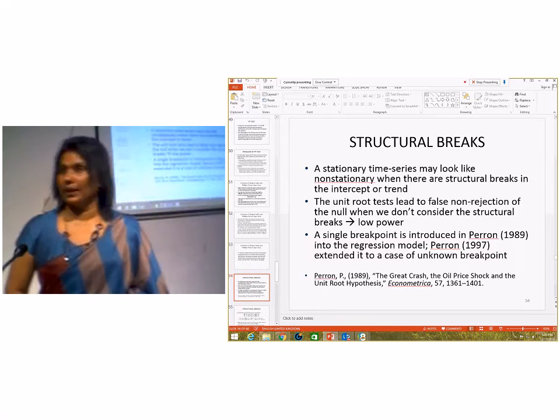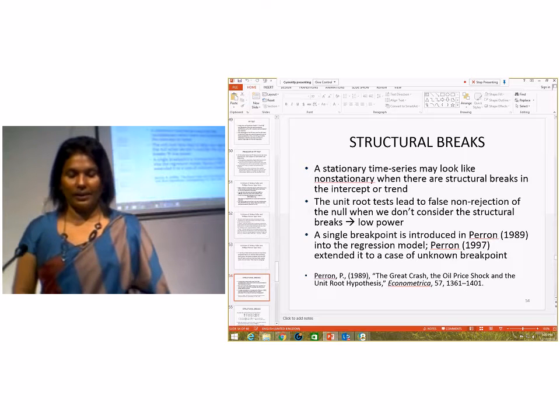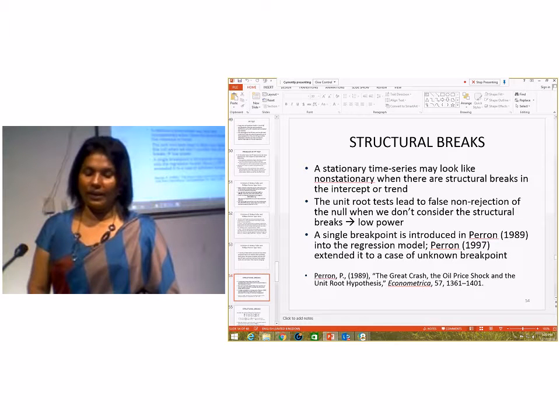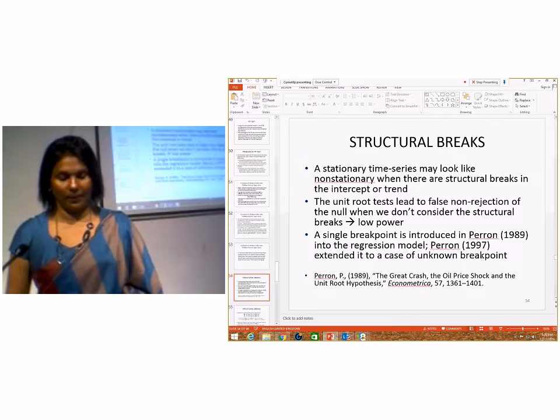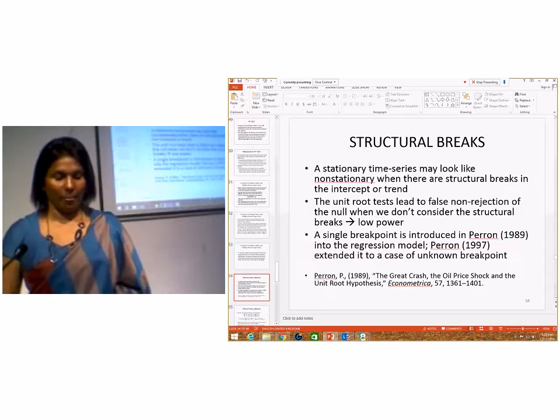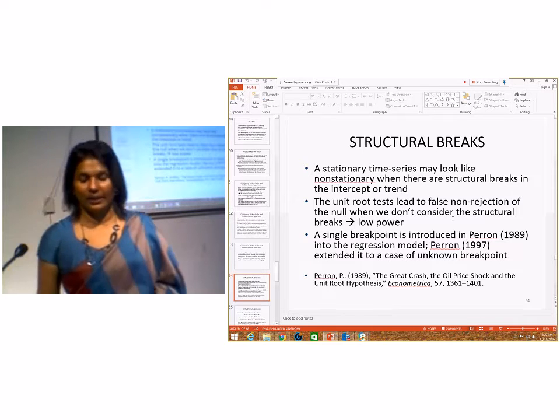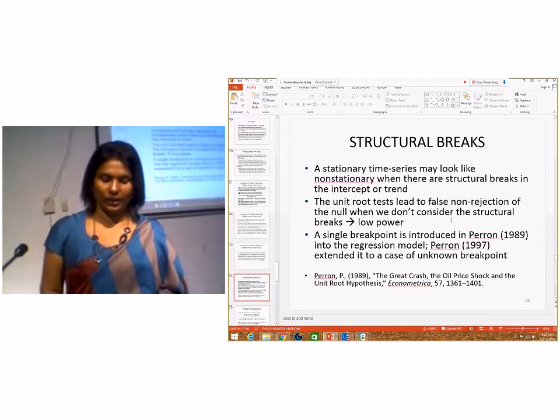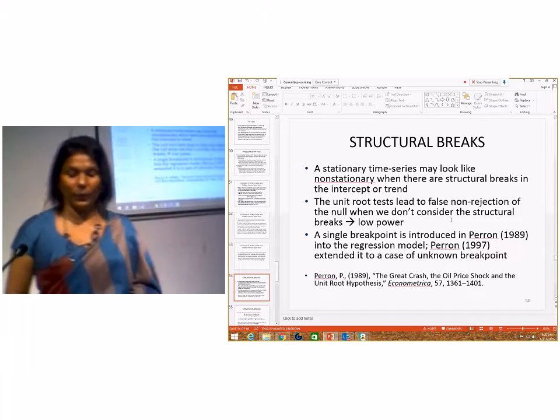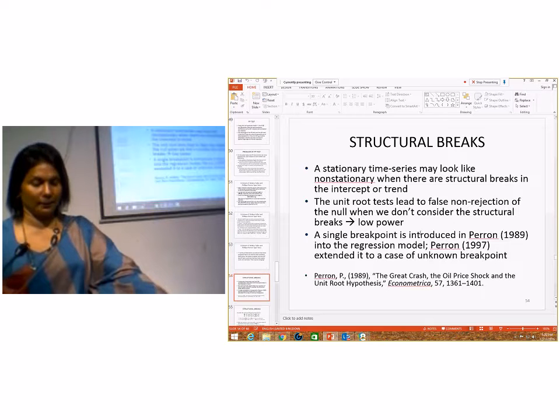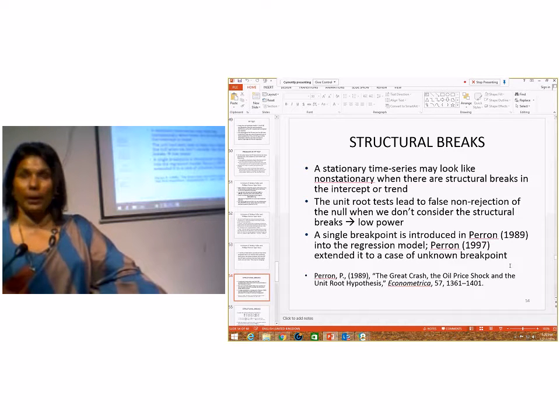A stationary time series may look non-stationary when there are structural breaks in the intercept or trend. The unit root test then leads to false non-rejection of the null when we do not consider the structural breaks. A single breakpoint was introduced by Perron in the regression model, and Perron extended it to the case of an unknown breakpoint.